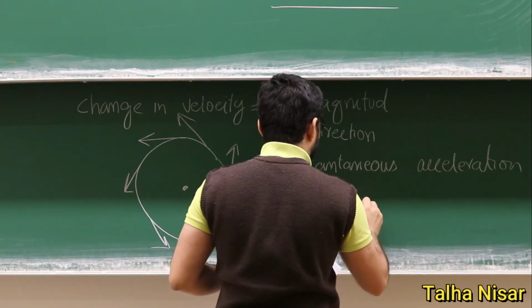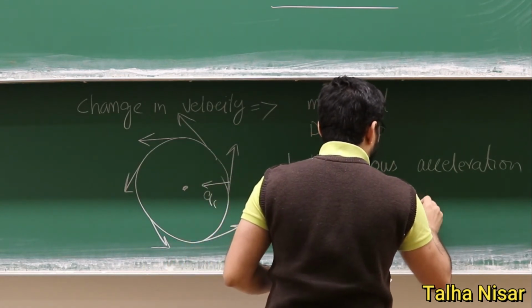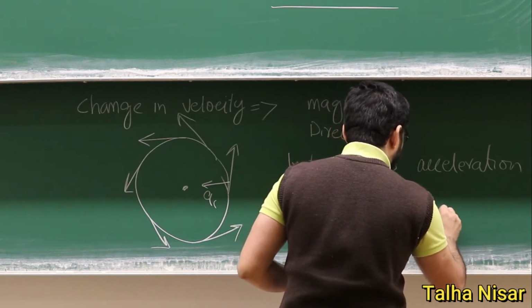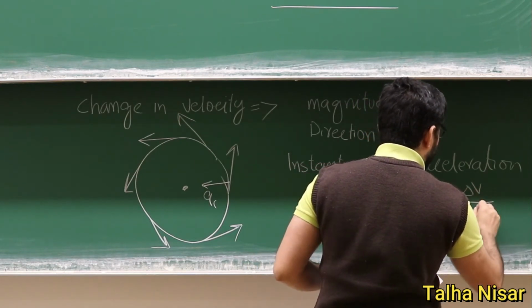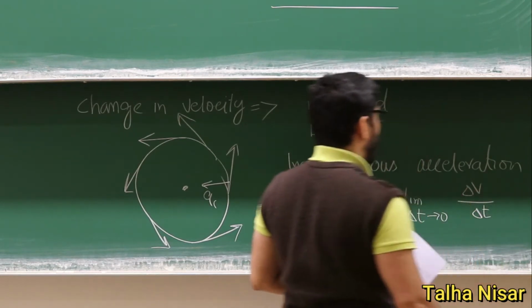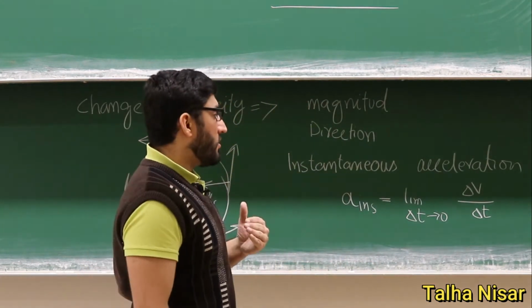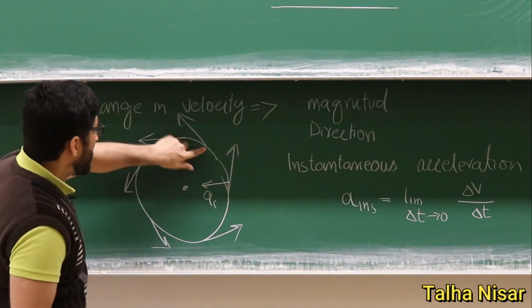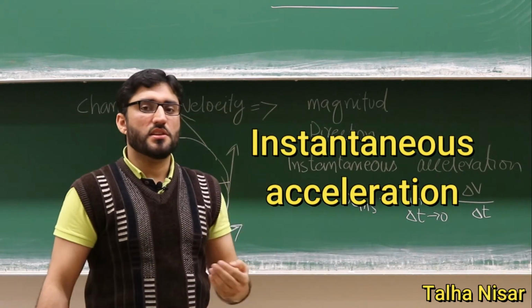We have the limiting case when delta t approaches zero. I will not go into the detail, but it's a similar thing. It gives us information about the motion of the object at each and every point.